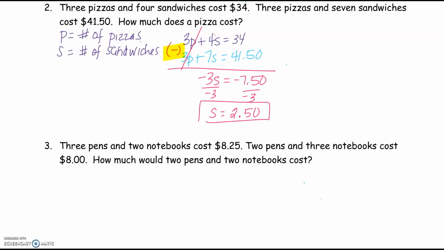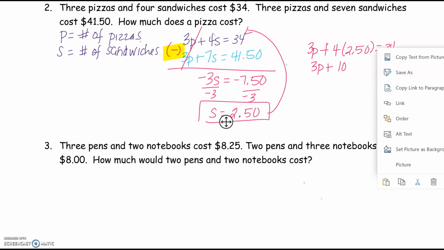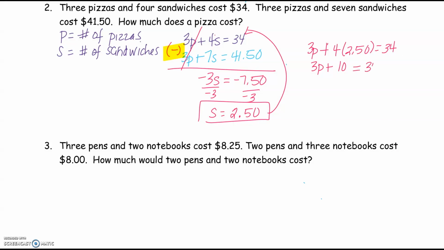We can go ahead and plug that into either equation. I'll just put it into this top one. Let's start that over. 3P plus 4 times $2.50 equals 34. 3P plus $10, 4 times 2.50 is 10, equals 34.